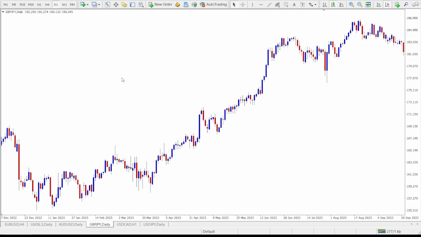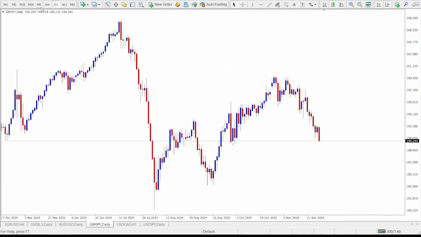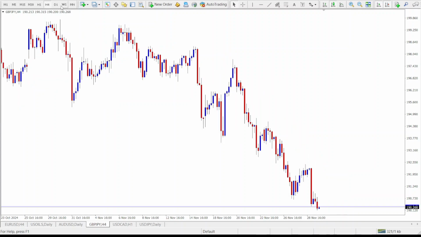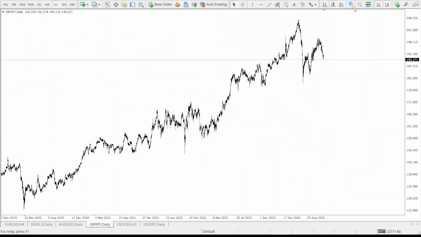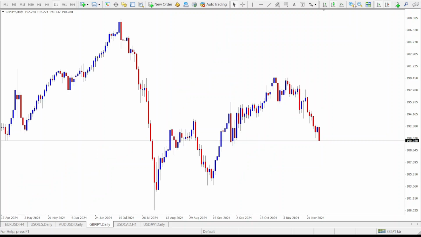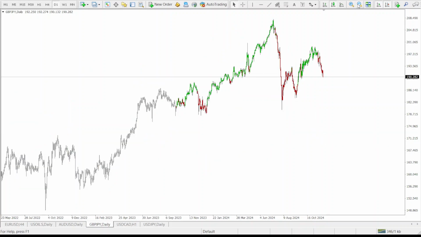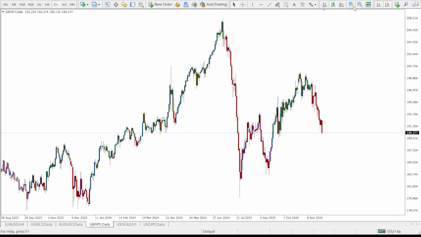I'm just going to be adding the indicator to the chart so that we can understand more clearly. As we can see, if I zoom out, you'll see that the RSI candles indicator has already been added to the chart.